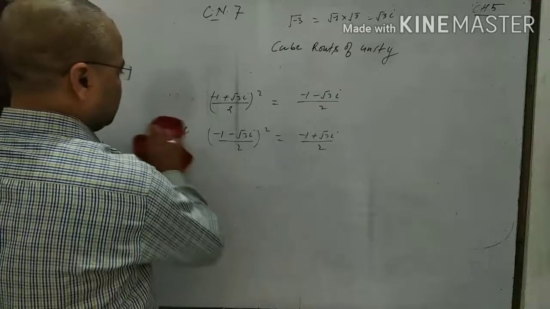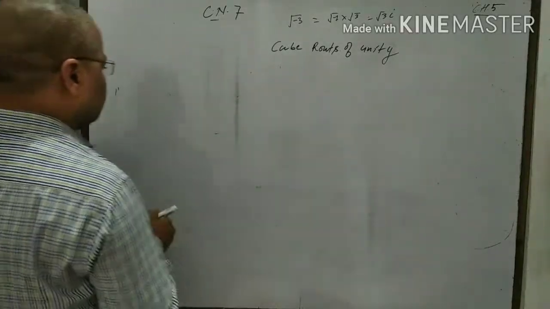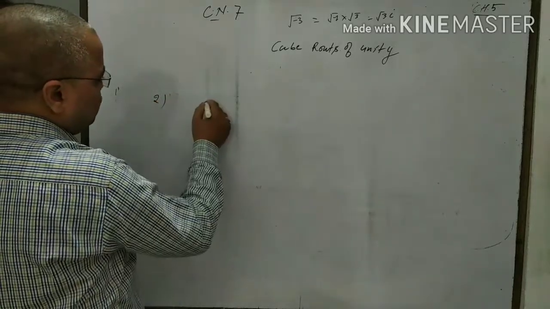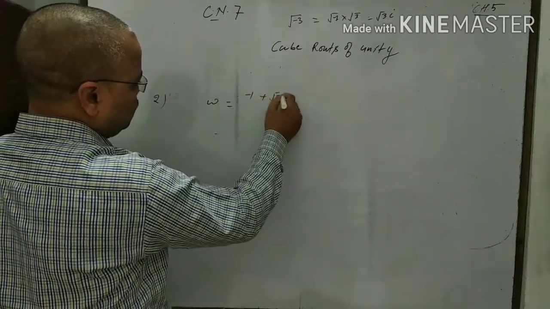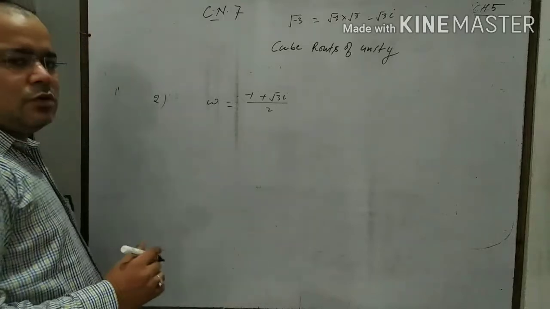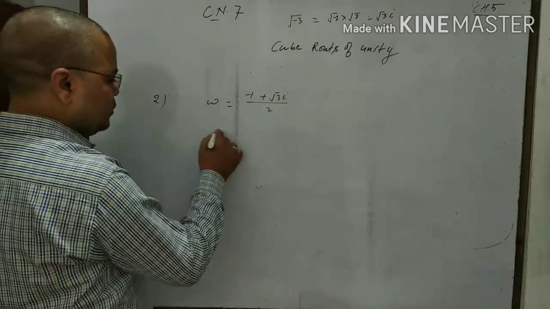The next property, the second property. We know that omega is -1 plus root 3i by 2. Then you know conjugate of complex number.